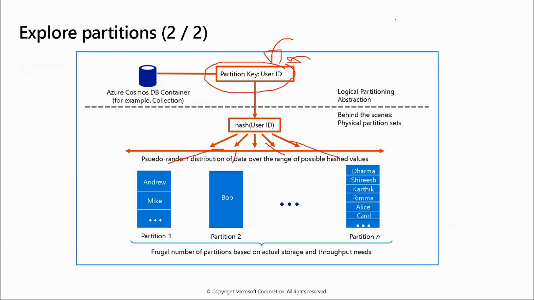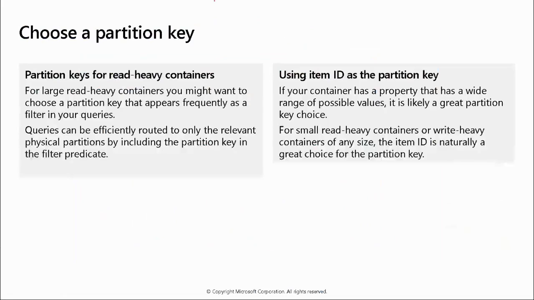Maybe the students in a classroom. How many students can you have? 40, 50, 100, 200? That is a small amount of students. So yes, ID is correct. But if you are going to have a lot of users, maybe you want to create a better partition key.